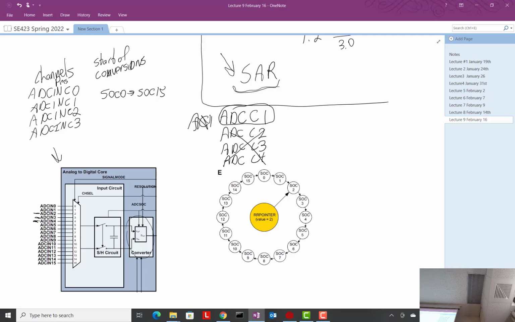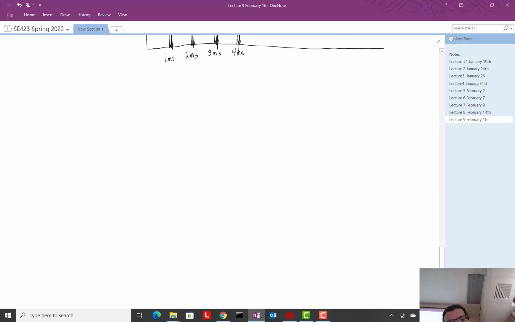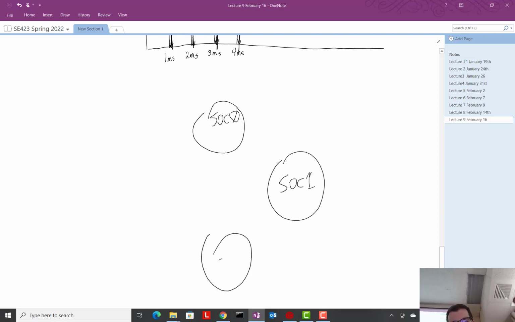Once it's done with the minimum priority, in order of priorities 0, 1, 2, 3, it will go back to 0 and wait for the trigger again. Okay? So let's think about that. Our circle is going to look like this: SOC 0, SOC 1, SOC 2, SOC 3.